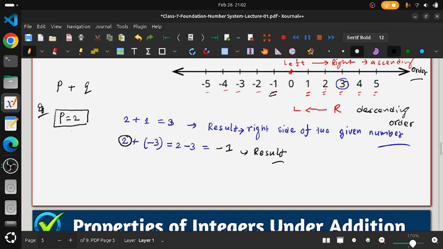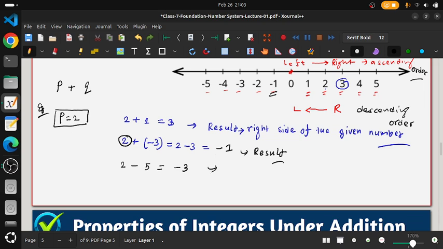Now what will happen when a positive number is subtracted? Same thing only. Suppose 2 is there and we are now subtracting a positive number, say 5. Just giving you the example. So 2 minus 5 will be what? That is minus 3.